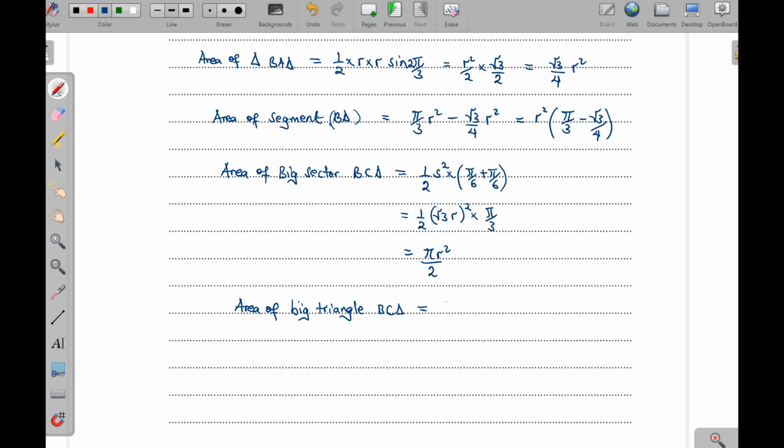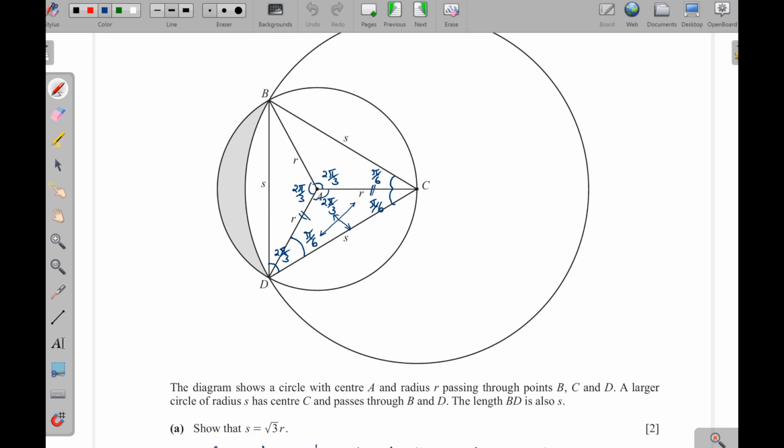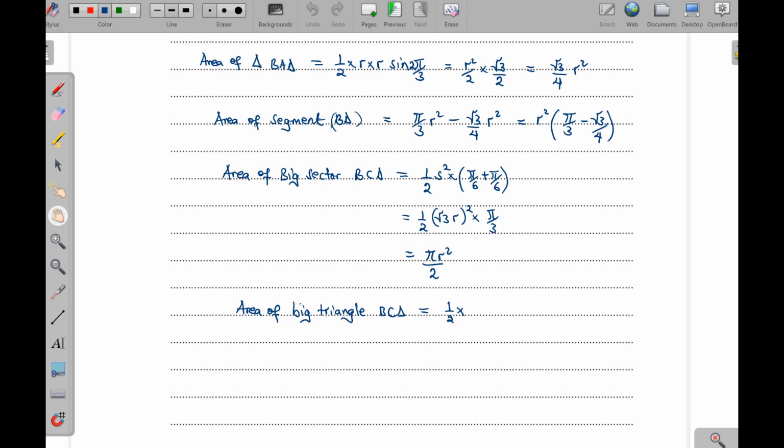BCD, that is a half times the two sides we know. We have S and then S. So that will be S times S, sine of the angle in between, which is pi over 6 plus pi over 6, okay?